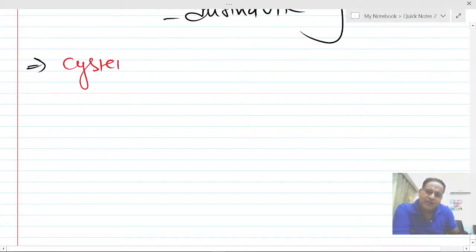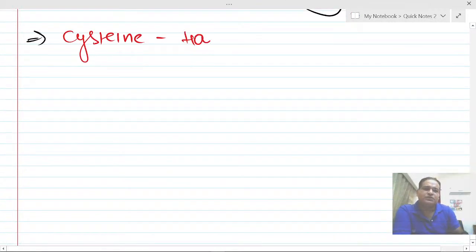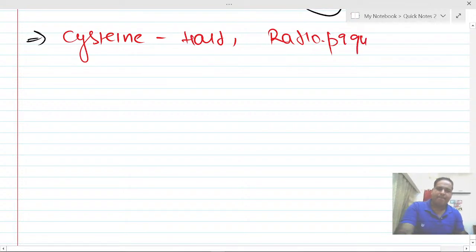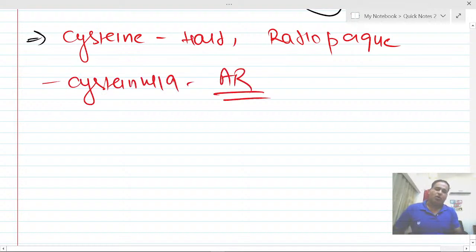We'll see some of the other stones also. For example, the cystine stones. Fine. Now cystine stones, they are very hard. Cystine stones, they are radio opaque, sorry. They are hard, they are radio opaque, they form due to cystinuria, which is an autosomal recessive disorder.